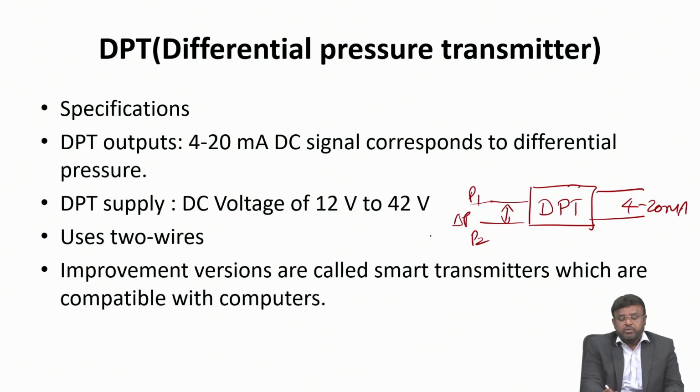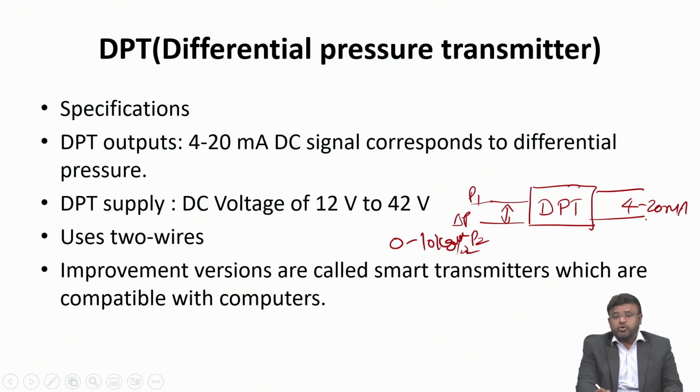Here if I am going for a flow rate, or if it is a pressure signal, directly the pressure signal, say 0 to 10 kg per cm square, I want to convert this 0 to 10 kg per cm square pressure into 4 to 20. That means 0 is the minimum and 10 kg per cm square is the maximum.